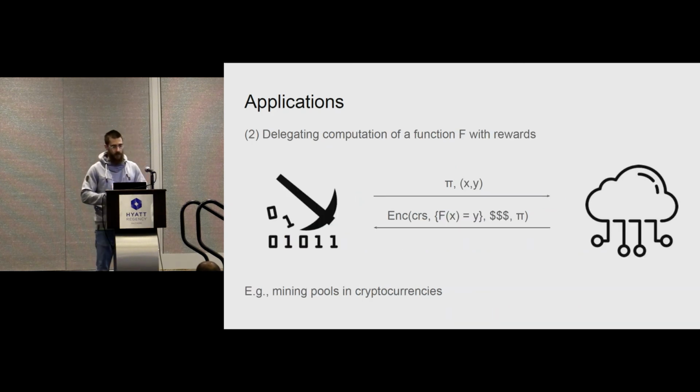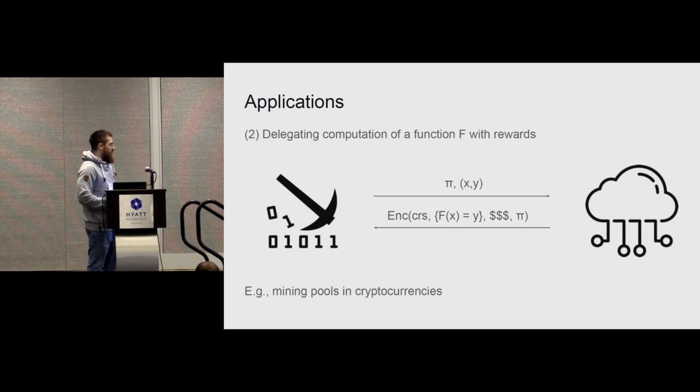Okay, so maybe a slightly more concrete application. I want to delegate the computation of a function f, and I'm going to give away a reward for those of you who compute this f of x, and it has to be the correct result, obviously.